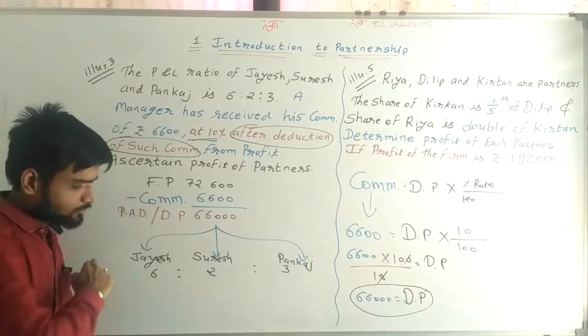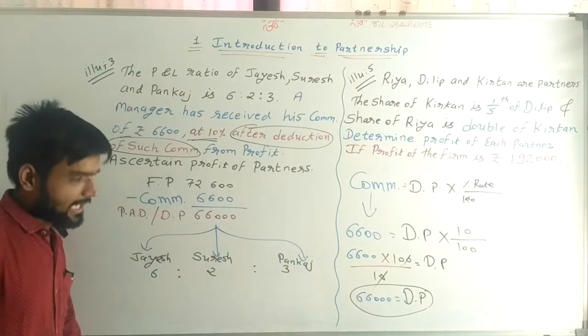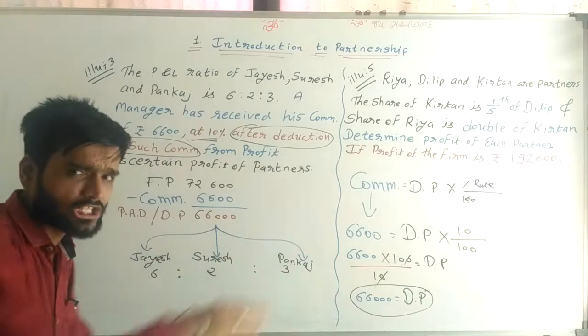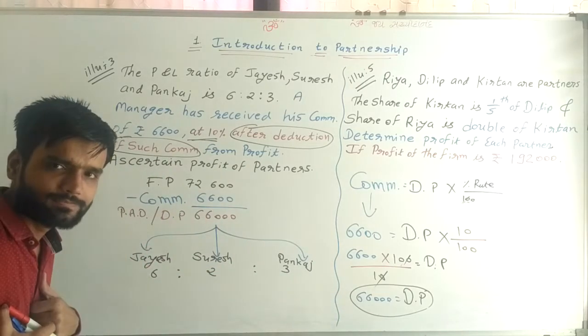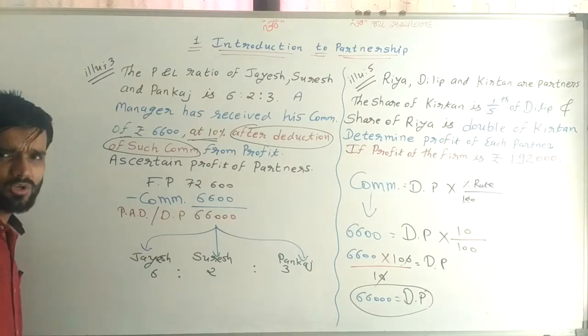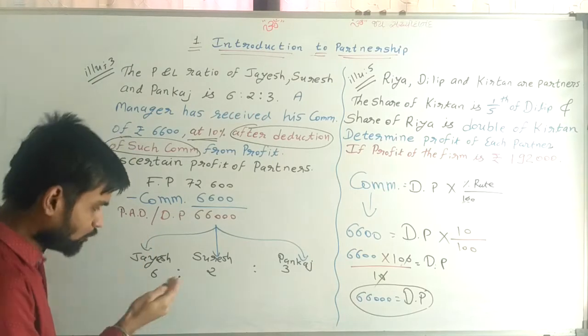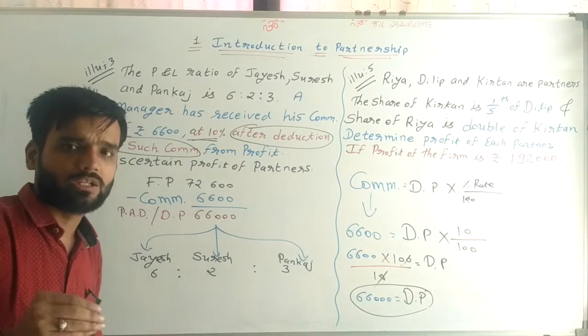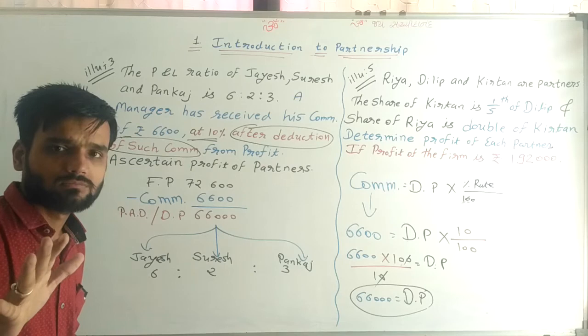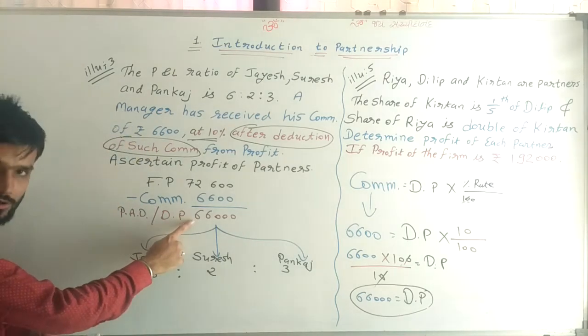Now this 66,000 we can distribute to the partners. In the last lecture also, we have studied. In this lecture also, make the total of these three. This calculation is for that 10% of students who cannot distribute even today by calculator. So please see here. We need to distribute 66,000.